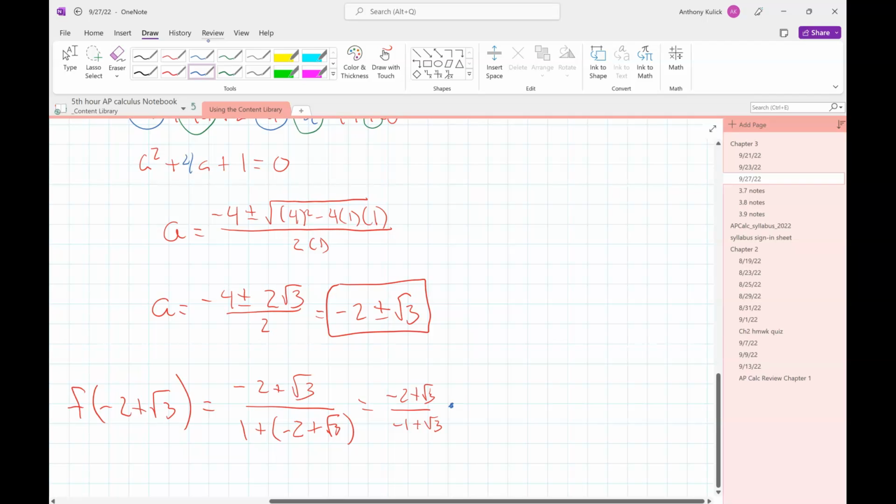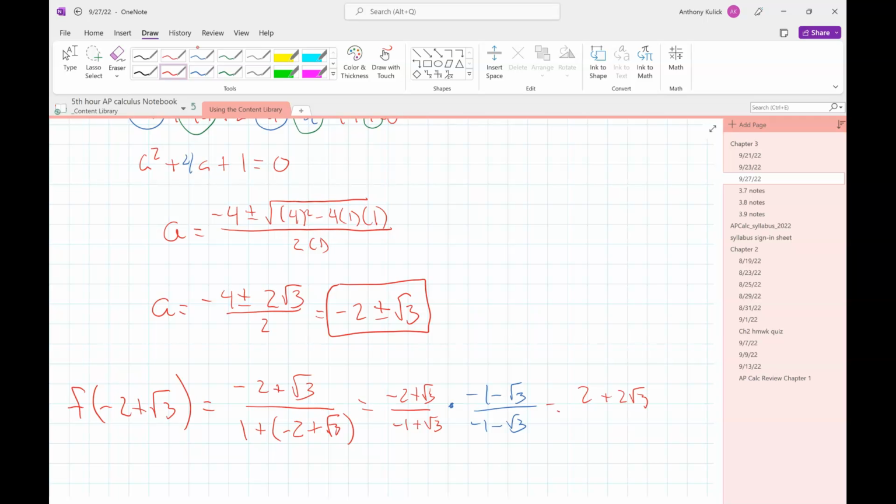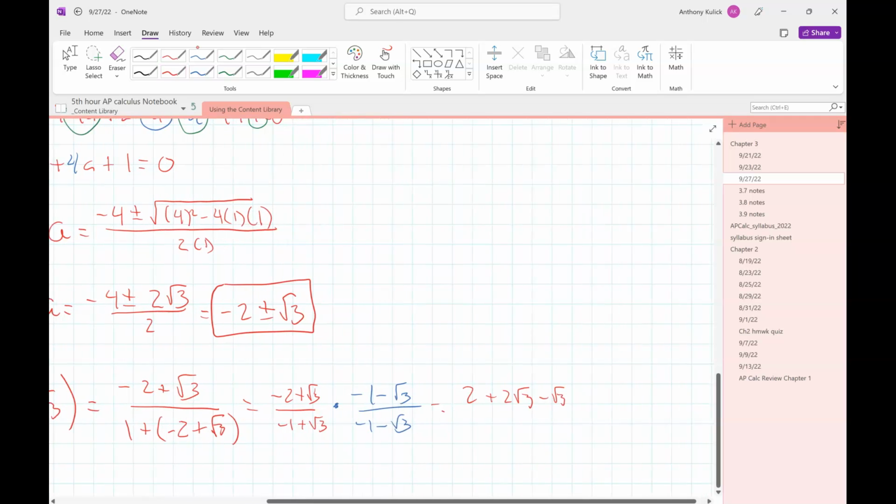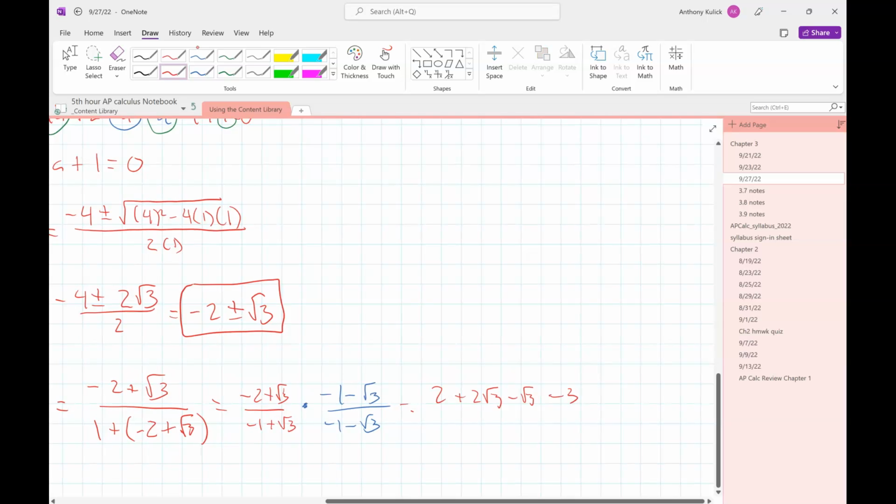What's the conjugate here that I should be multiplying? -1 minus root 3. Let's see, so we get 2, and then 2 root 3s, and then minus root 3, and then minus 3. So that's going to give me -1 plus root 3.